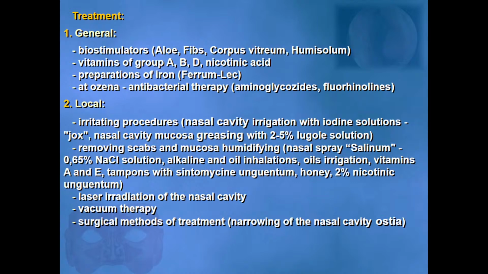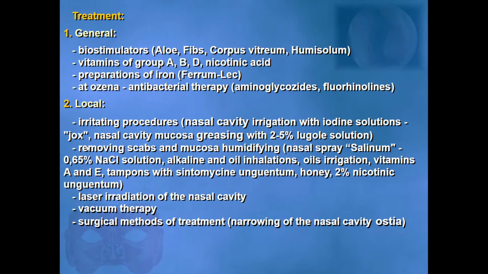So, treatment. If we are speaking about ozena, it's of course antibacterial therapy, using antibiotics to which Klebsiella ozaenae is sensitive. Also biostimulation, vitamins and drugs that contain forms of iron.